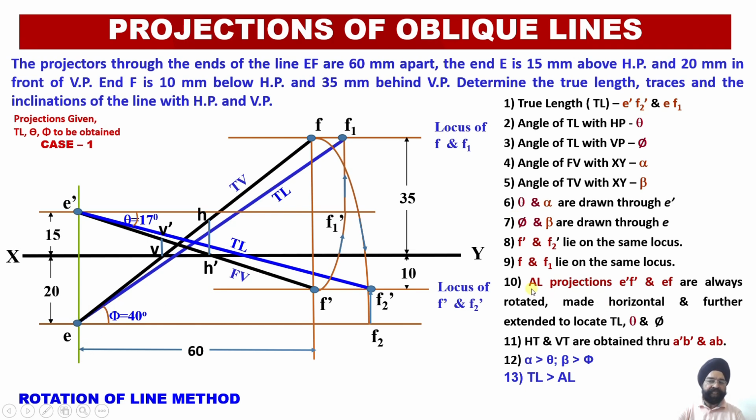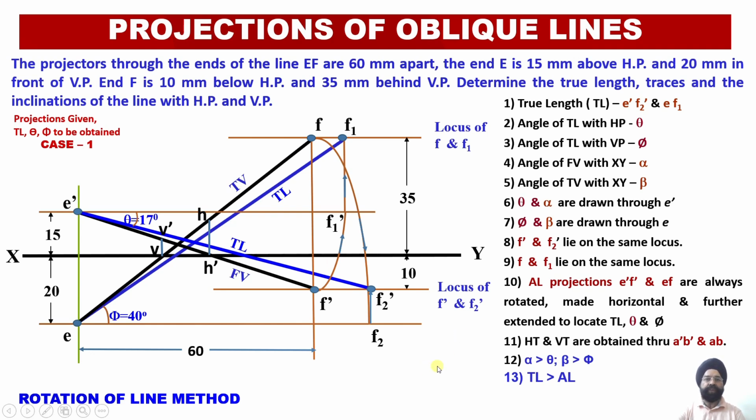And a very important thing: the apparent length projections, E dash F dash and EF, are always rotated and made horizontal, and further extended to locate the true length. So, the same thing we discussed earlier, and the true length happens to be greater than the apparent lengths in both elevation as well as the plan.